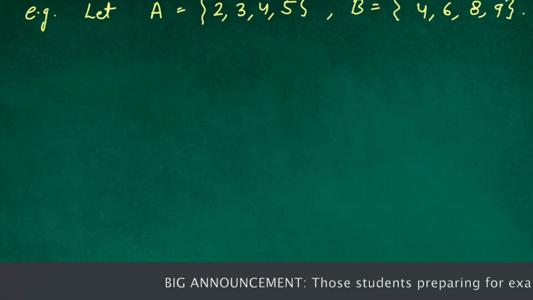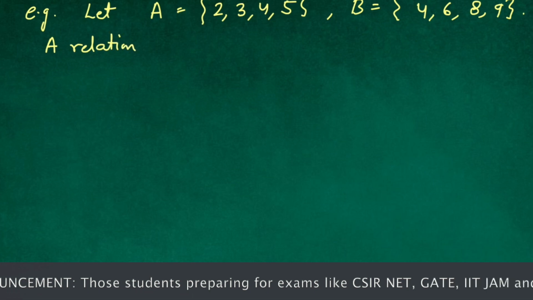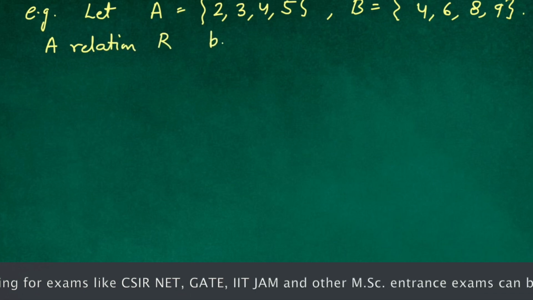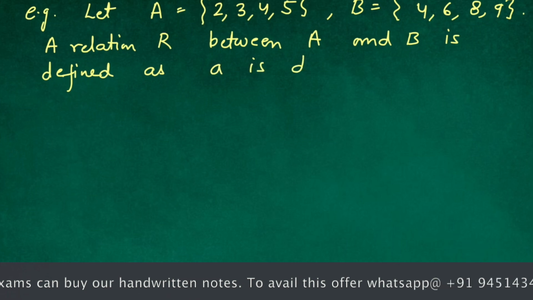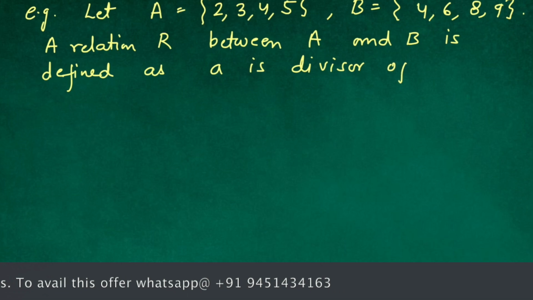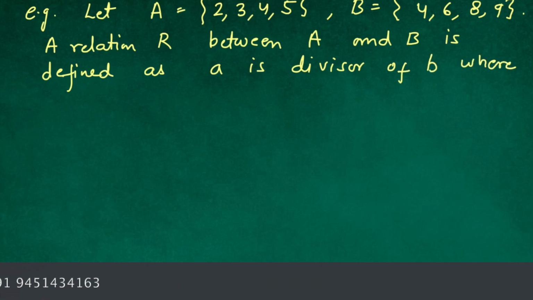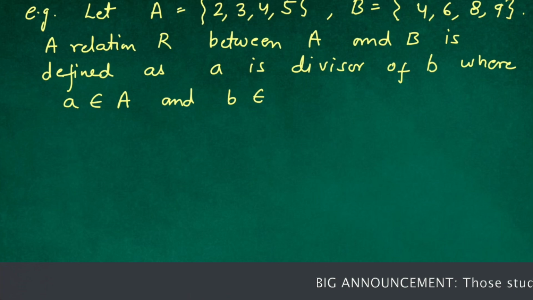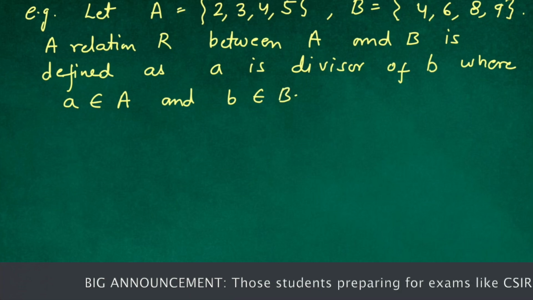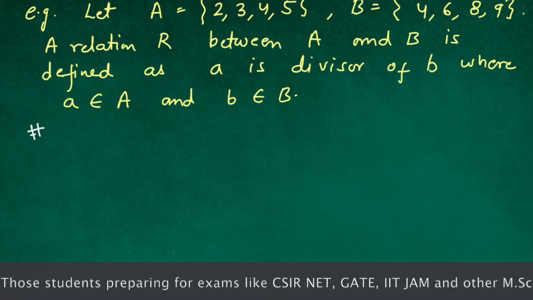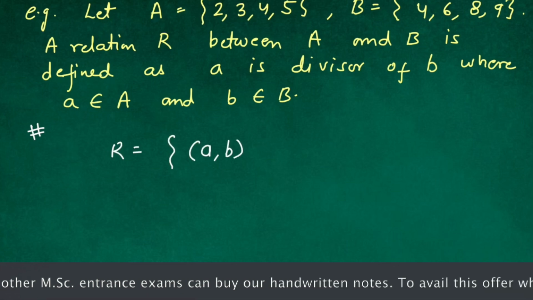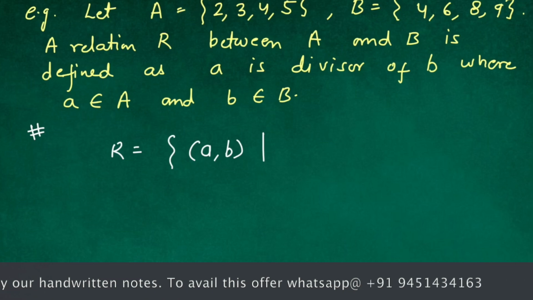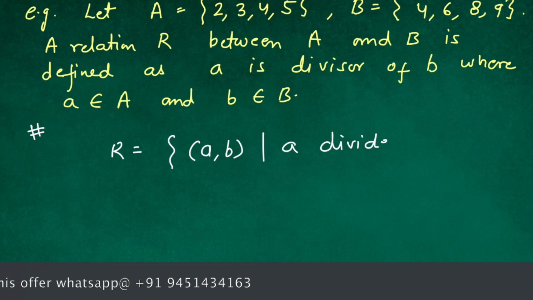Then our relation R between A and B is defined as a is a divisor of b, where a is an element of set A and b is an element of set B. So in this example we are given that relation R is such that a is related to b, and the condition is a is a divisor of b. That means a divides b.